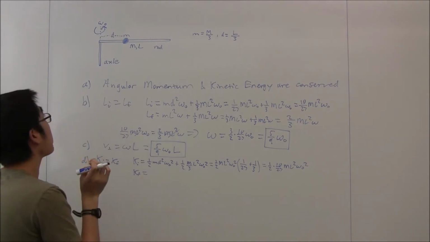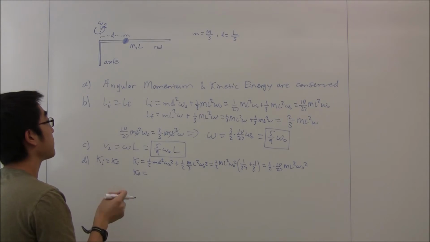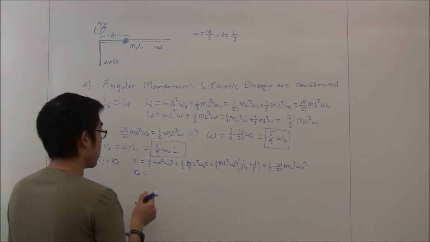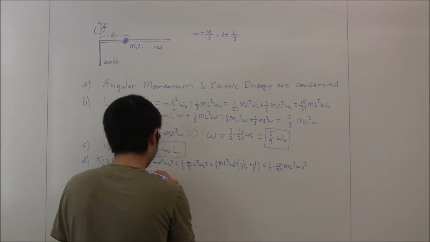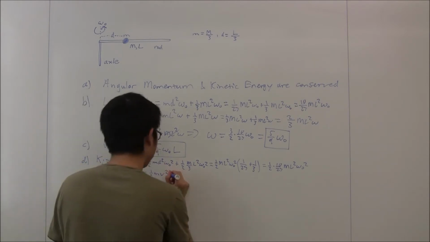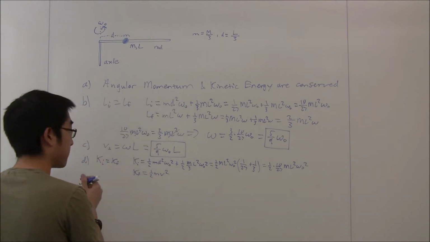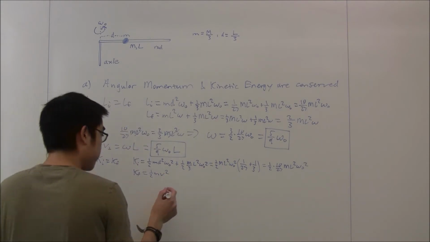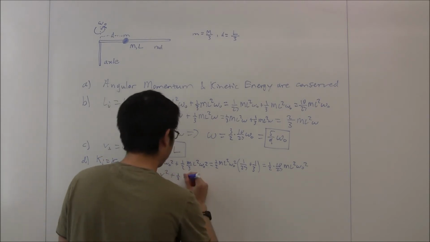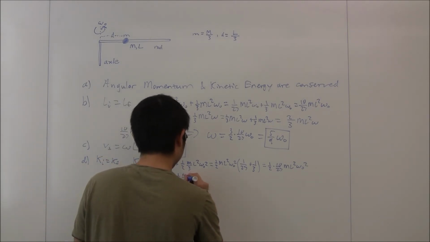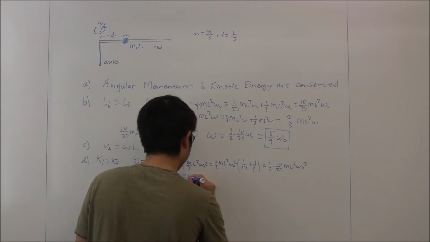So in the same way, we're going to add up the kinetic energies of the bead and the rod. So this time for the bead, we're going to use half times little m times its velocity, or its speed, v squared, plus the kinetic energy of the rod, which is half times big M/3 big L squared times omega squared.